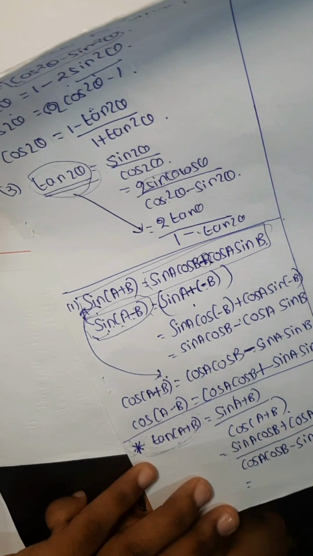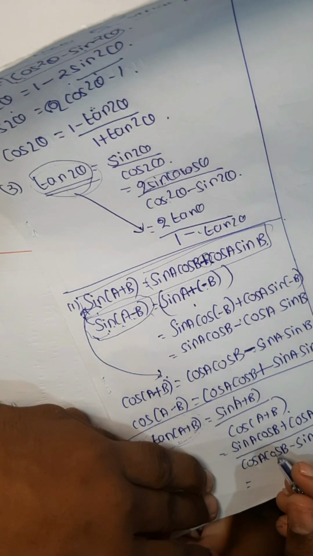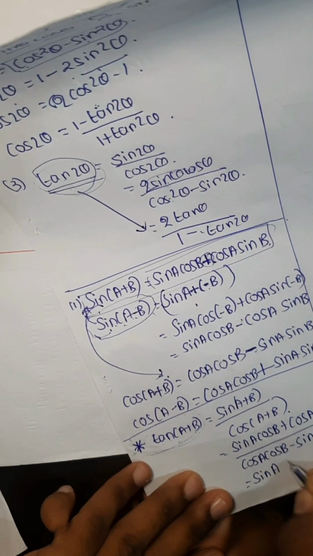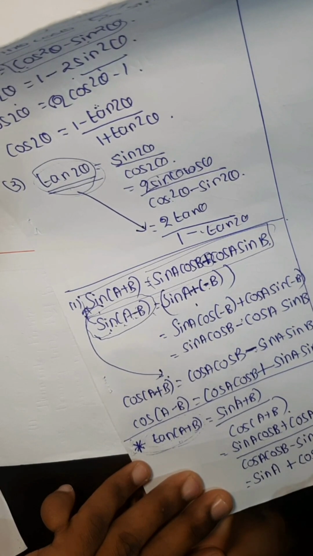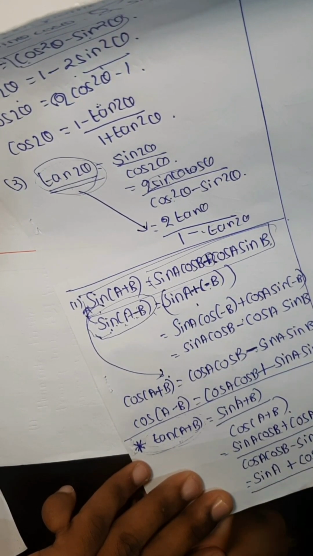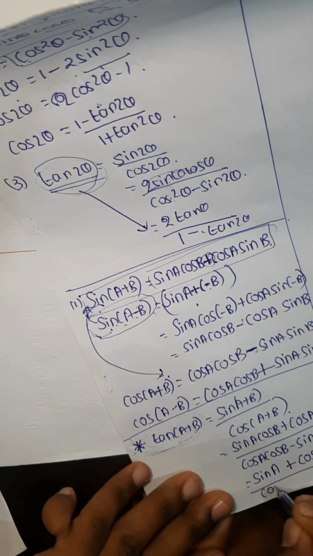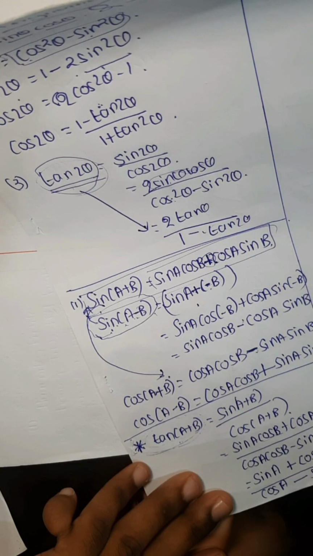Therefore, I divide this equation by cos A cos B. Here cos A sin B is divided by cos B, so sin B over cos B gives tan B. Cos A is here and cos B is divided, minus sin A is here and there's a tan B.